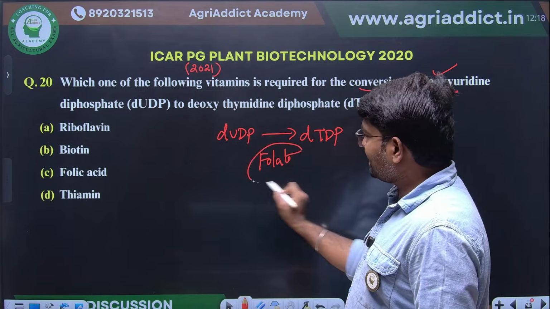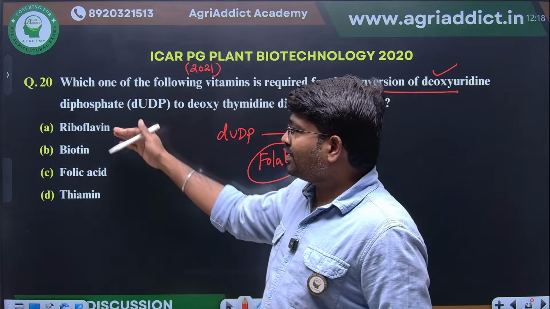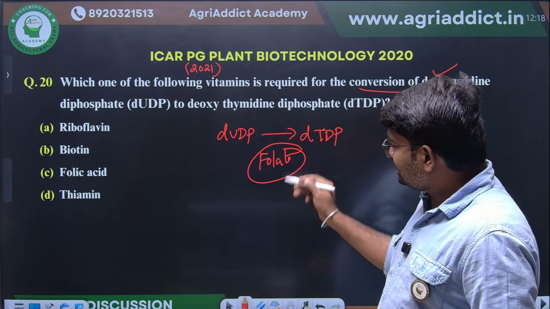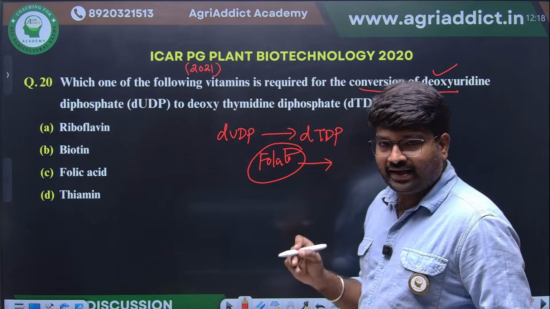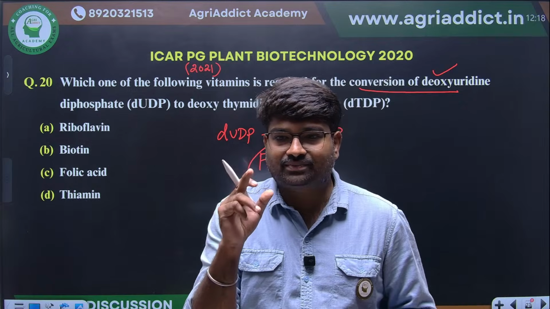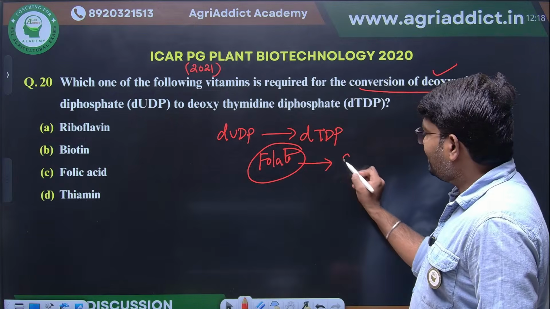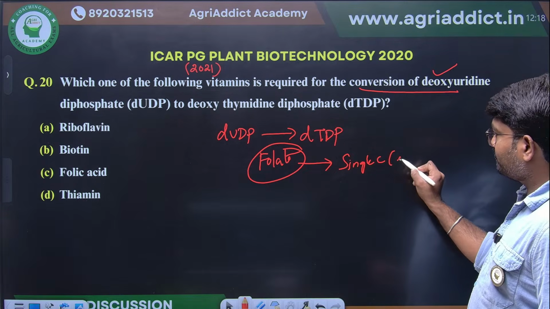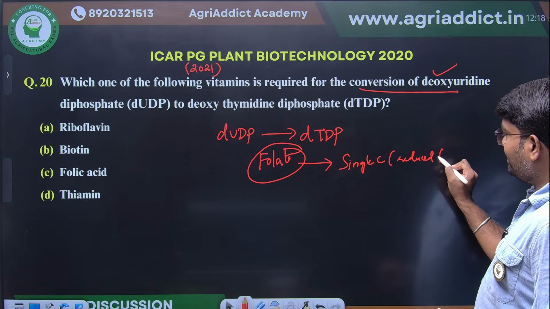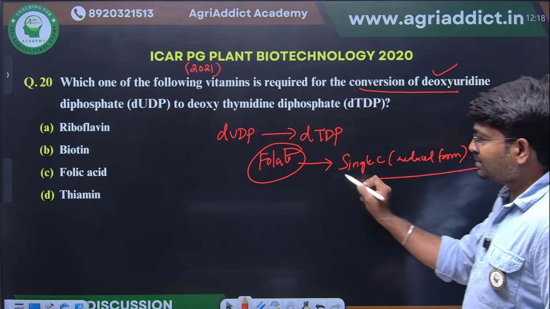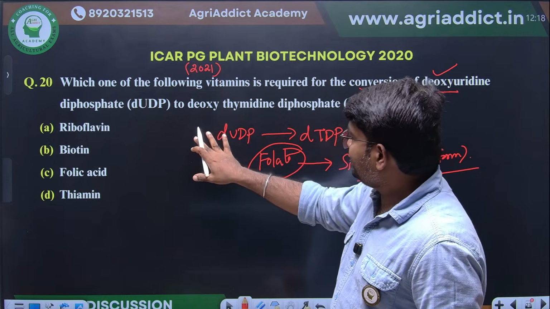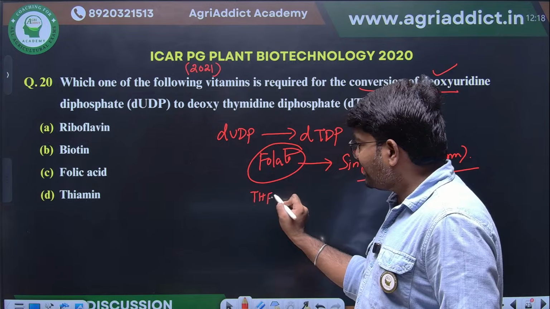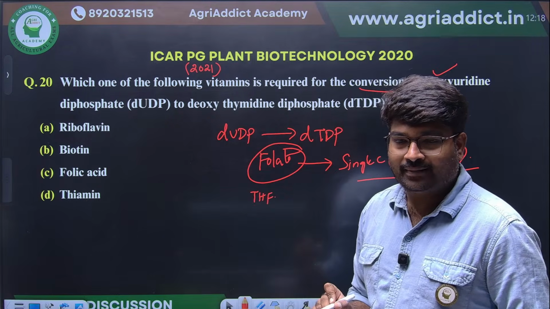Apart from that there were options riboflavin, flavin and thymine. Why folic acid? We know folic acid is primarily involved in single carbon transfer reactions, particularly in reduced form. If you see the conversion of dUDP to dTDP, tetrahydrofolate will be there.